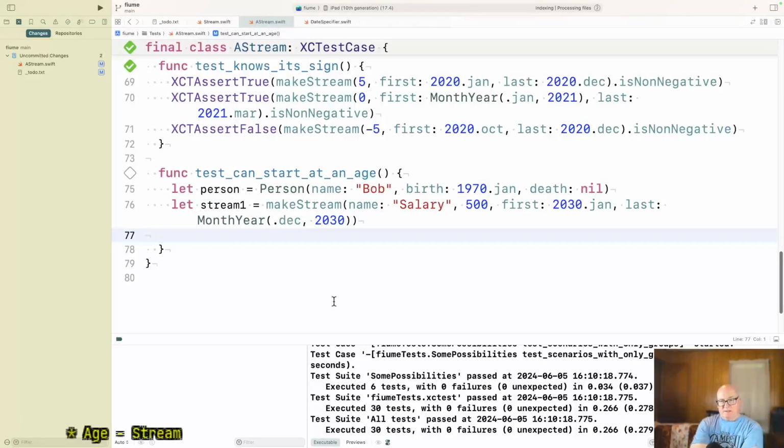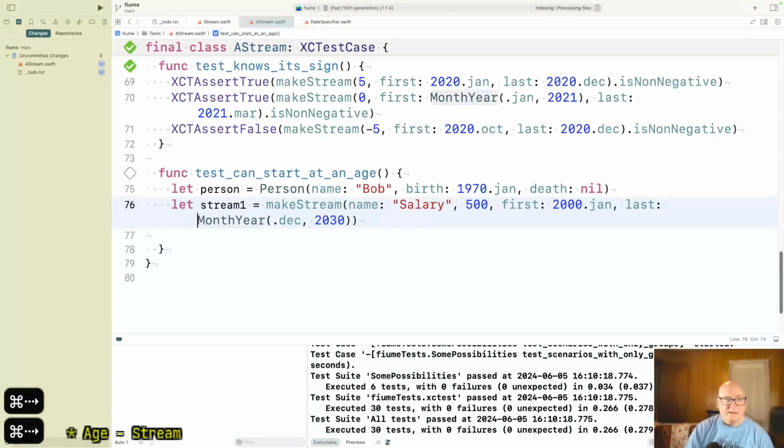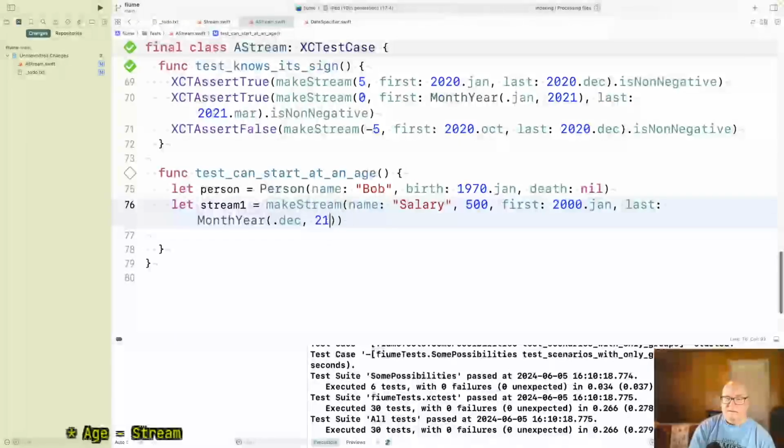Now I'm still puzzled. Okay. Well, let's start paying him off in 2000. And the last is 20. Let's not be stingy. Okay. We're going to pay from 2000 to 2100.